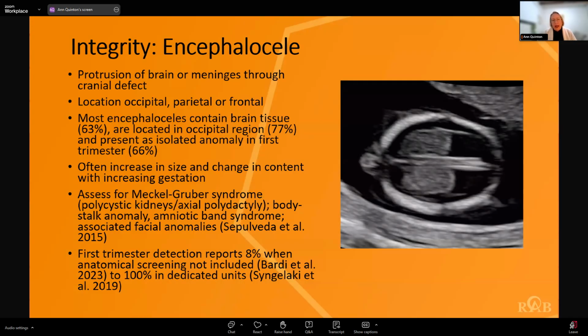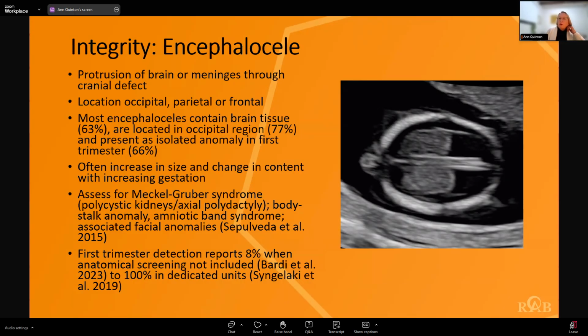When we look at just first trimester screening and ultrasound in general, where anatomical screening is not specifically included in that examination, the detection rate, and this is a recent paper from 23, has only been reported as 8%.